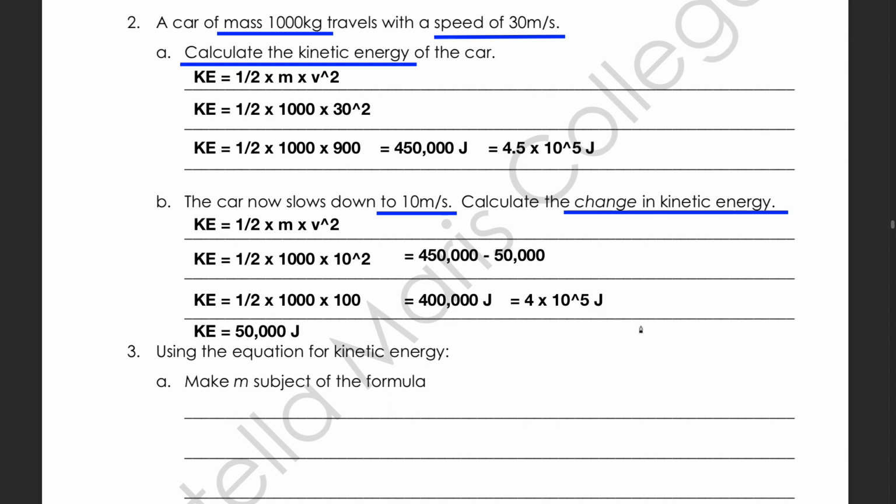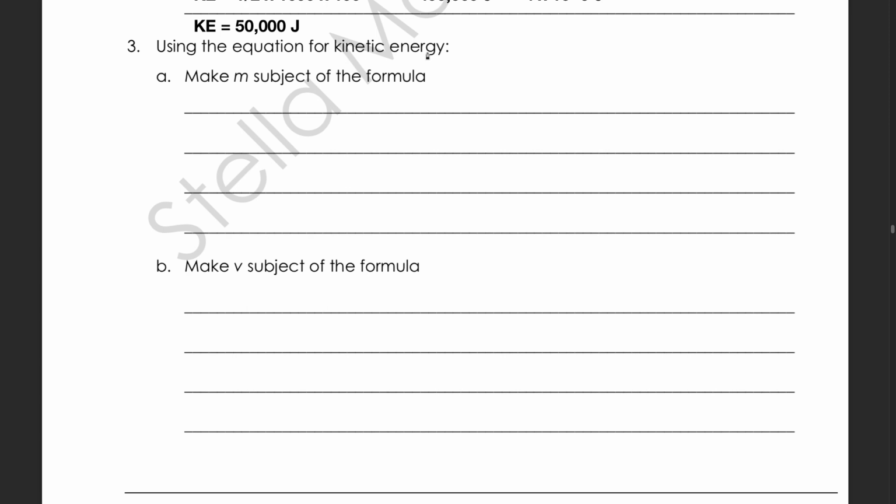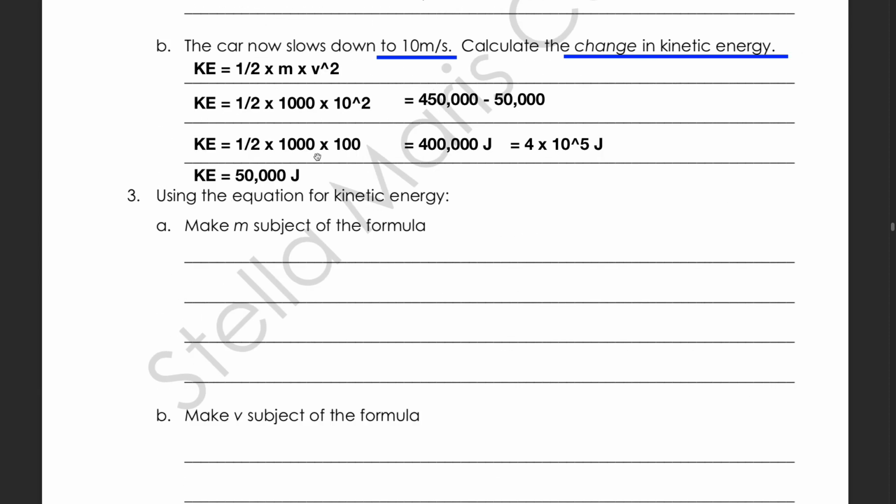Question 3a. Using the equation for kinetic energy, make m the subject of the formula. In this case, we don't have any values to plug in. So we'll start off from the equation once again. KE equals 1/2 times m times v squared.